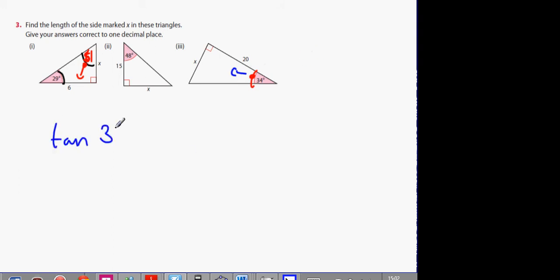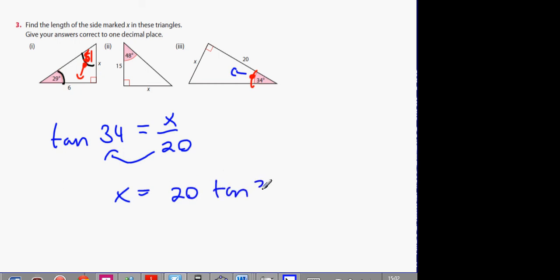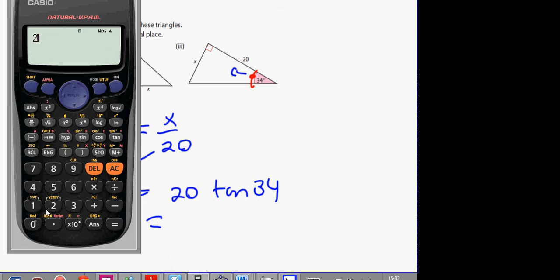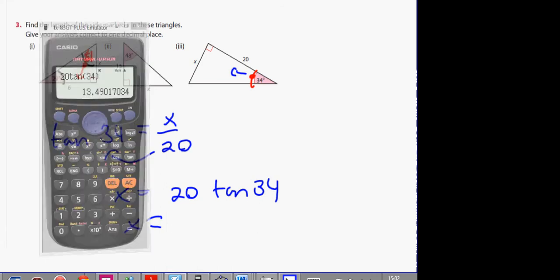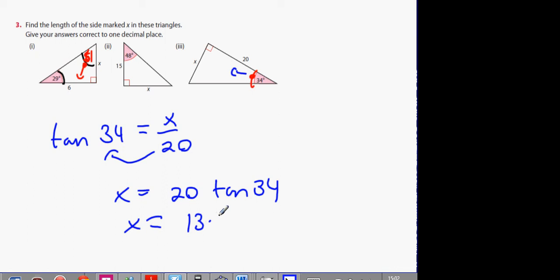So tan 34 equals opposite over adjacent, which is X over 20. What's X equal to then? 20 tan 34, which gets me, anybody? 13.49, 13.5. Everybody happy with this so far?